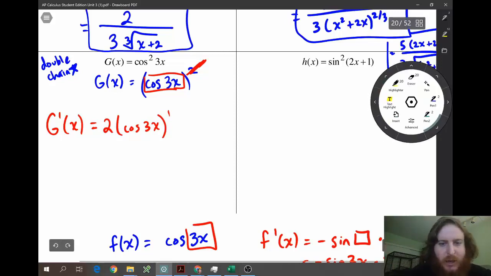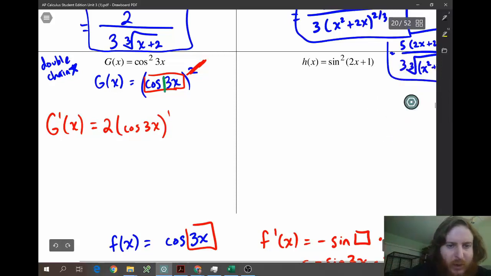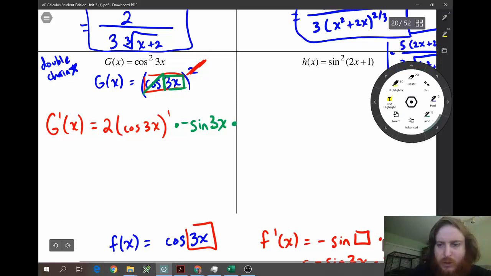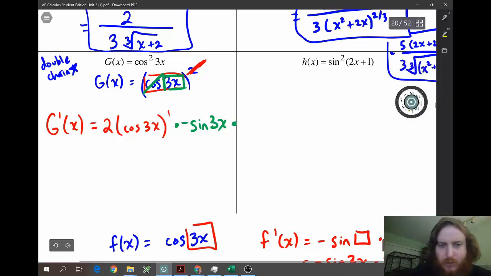The next most outside part is our cosine. So now we have cosine of 3x, times the derivative of cosine, which is negative sine of that box, 3x. Now, what's the derivative of 3x? It's 3. So, times the derivative of the box inside, times 3.